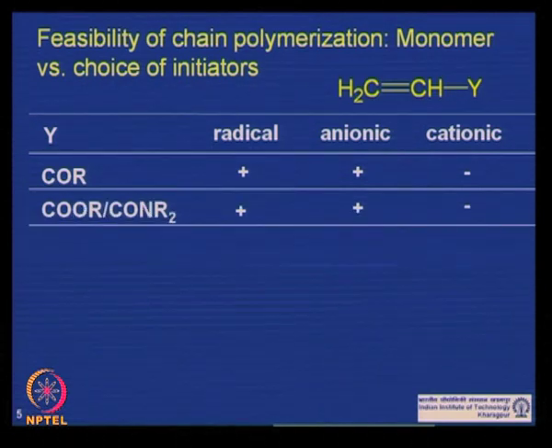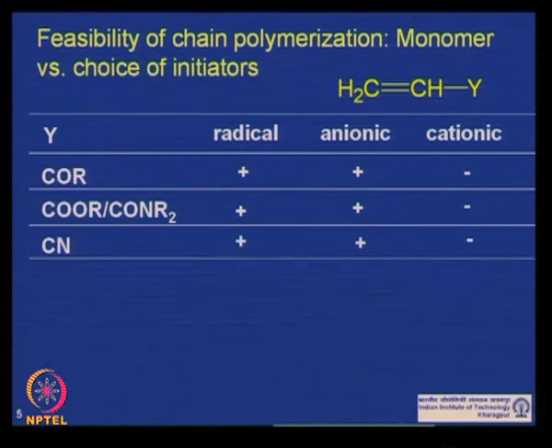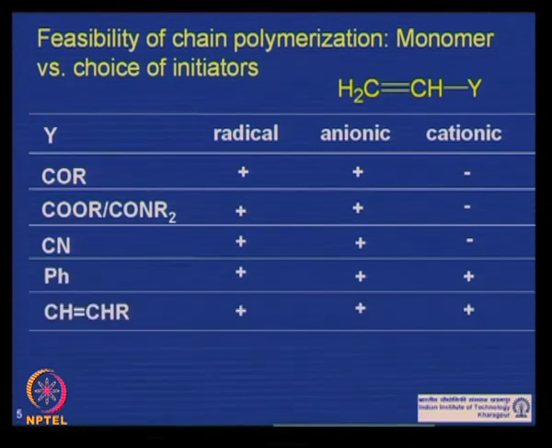If you have an acid or ester or amide, it can also be polymerized by radical and anionic. If you have a nitrile, again it can be polymerized by radical and anionic, not by cation. For example, if your substitution is a phenyl group, the case of styrene, then it can be polymerized by all three.